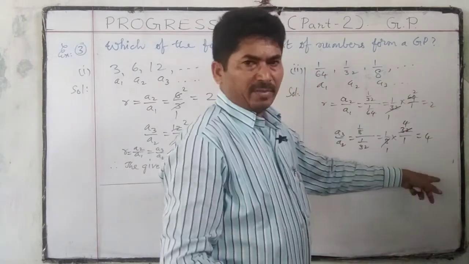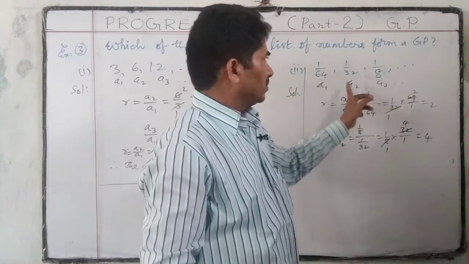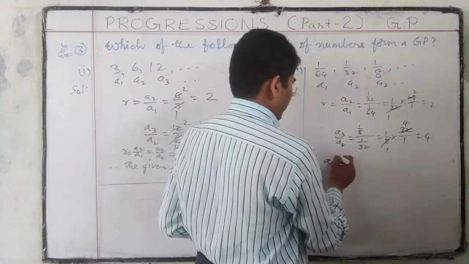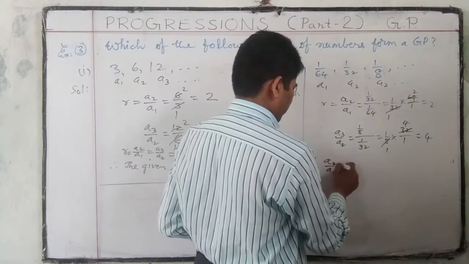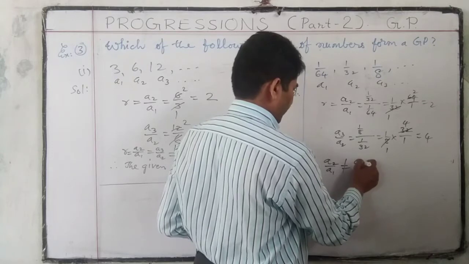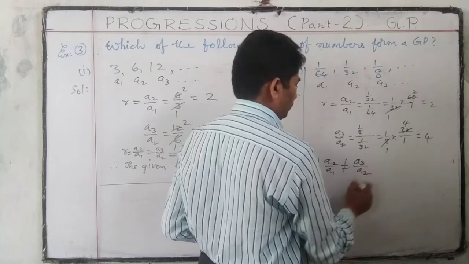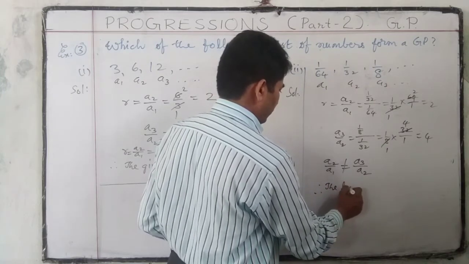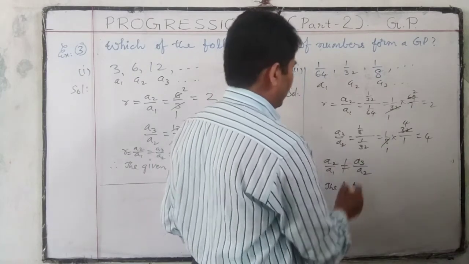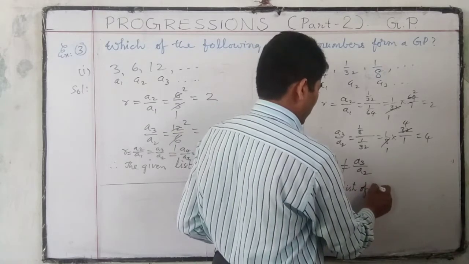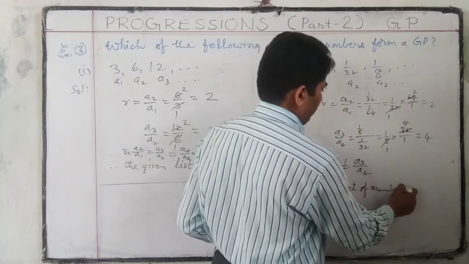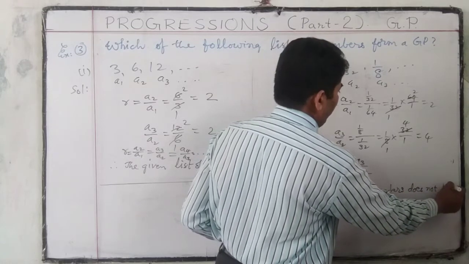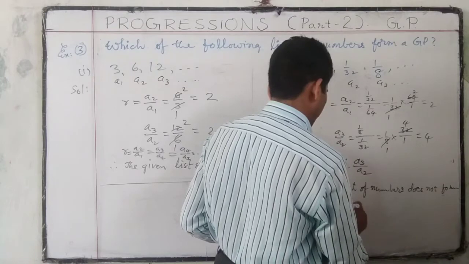If we observe these common ratios, we can understand this is not a GP, because common ratios a2 by a1 is not equal to a3 by a2. Therefore, the given list of numbers does not form a GP.